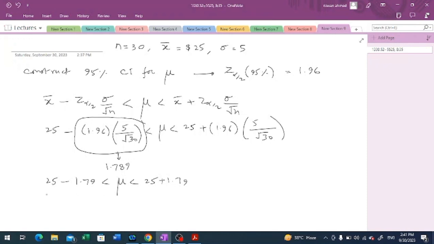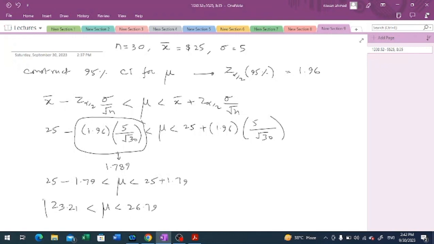Now getting this 1.79 subtracted from 25 and added to 25 would give us the lower and upper bounds of the mean value. So that is 23.21 and 26.79.